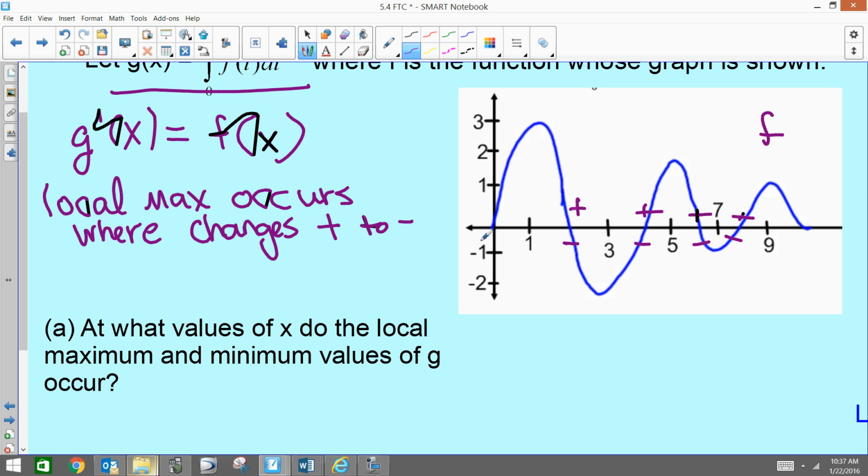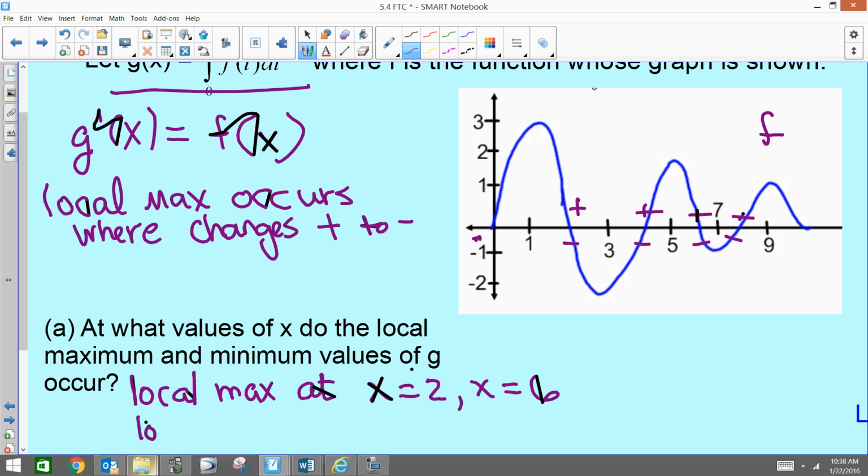We don't know what's happening over here, so it's not changing. Same with here. It didn't really change. Okay. So local max is at x equals. Okay, where did it change from plus to minus? At 2. Plus to minus at 6.